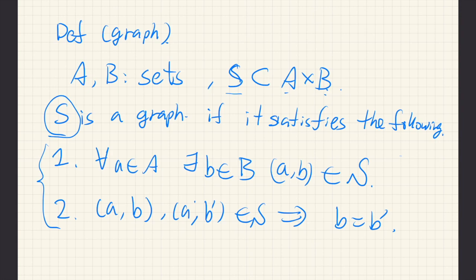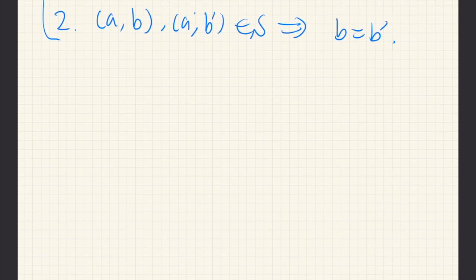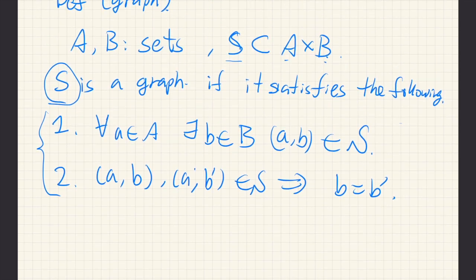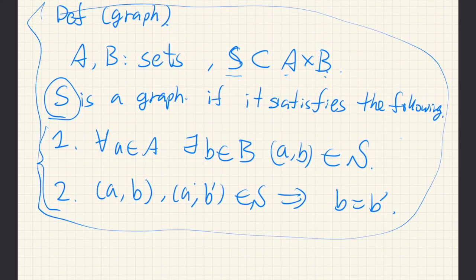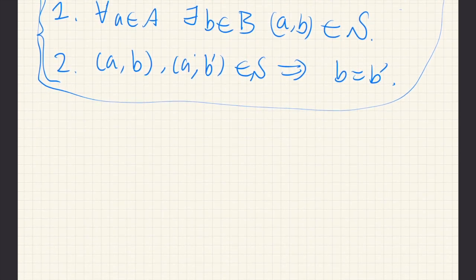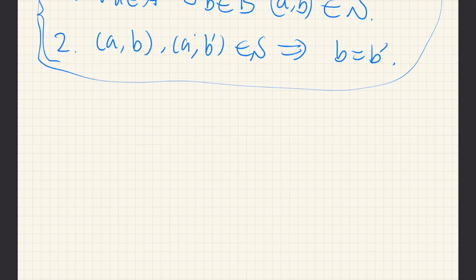So formally, we defined a map very informally. Now we can define the notion of map more rigorously. This definition of a graph is very rigorous. There's no ambiguity. So using this, we can finally define what a map really is.